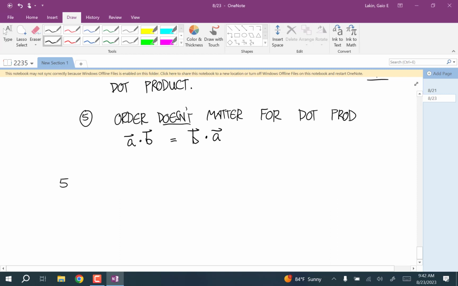Okay, so now let's talk about the cross product. This is the one that's going to be more important to us.